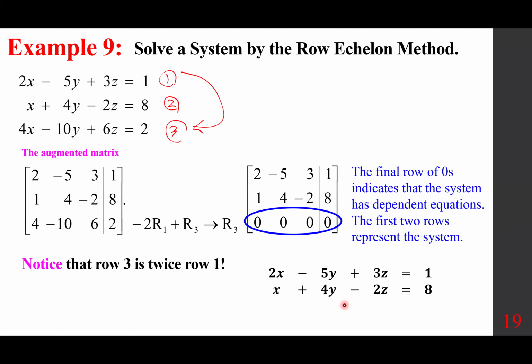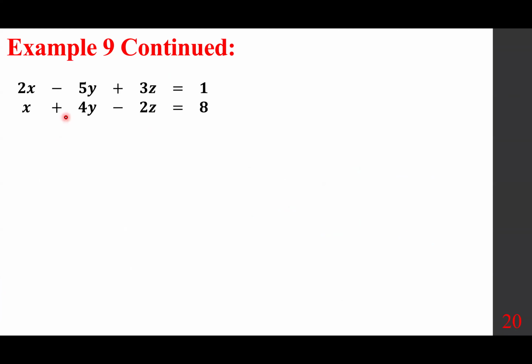So we have the first two. And now we're going to write the augmented matrix for the first two, which becomes 2, 1, minus 5, 4, 3, minus 2, 1, 8. Remember, the first entry must be 1.